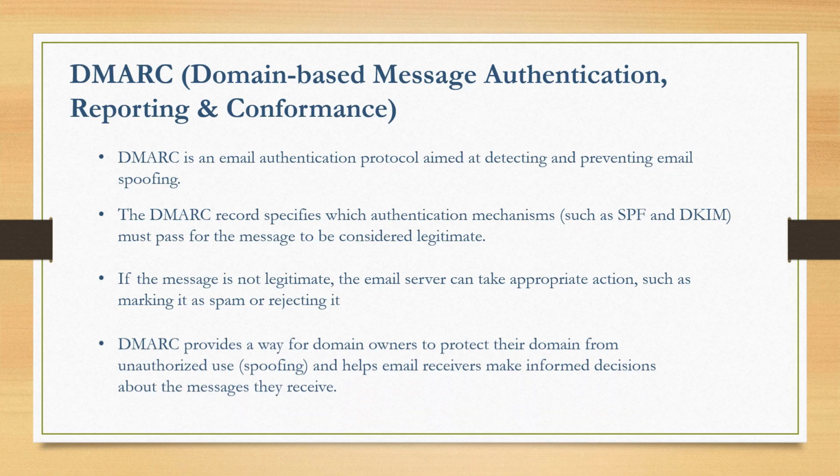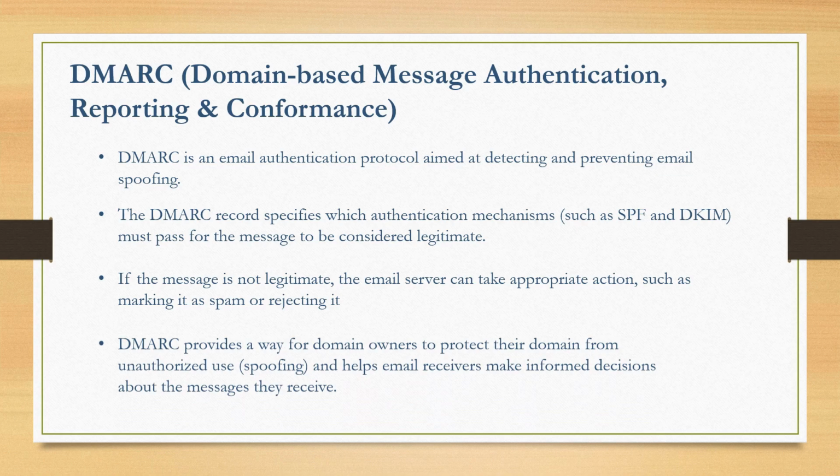One of the records, SPF or DKIM, must pass for the email to be delivered in the inbox, or based on the policy, it will be rejected, quarantined, or land in spam, right? If the message is not legitimate, the email server can take appropriate action, such as marking it as spam or rejecting it. DMARC provides a way for domain owners to protect their domain from unauthorized use and helps email receivers make an informed decision about the messages they receive.